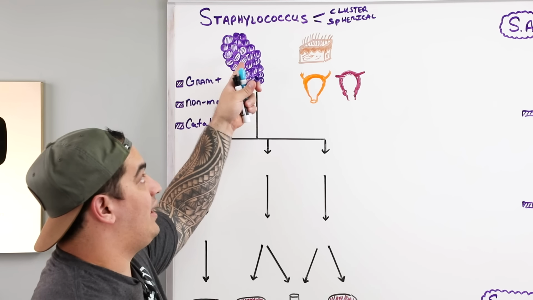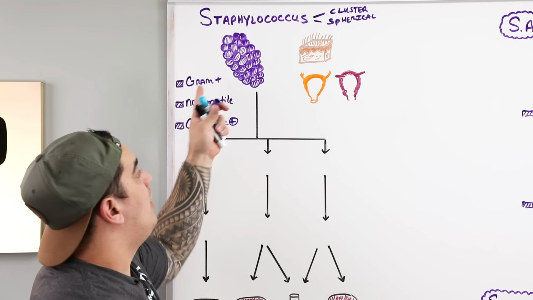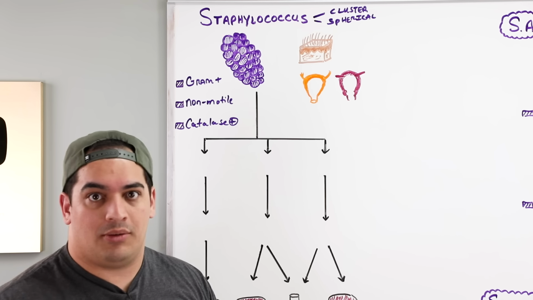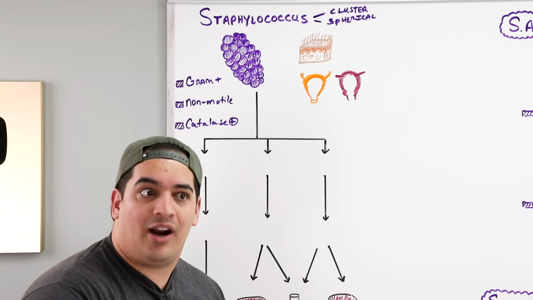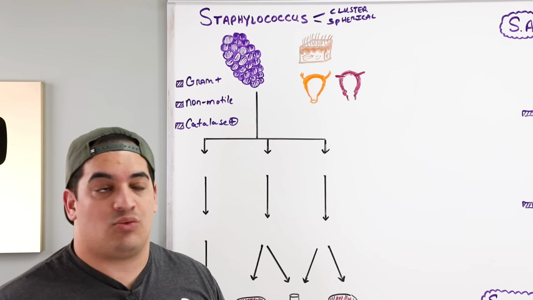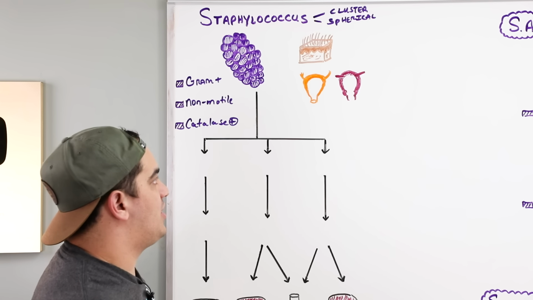They're gram-positive, meaning that they stain crystal violet or purple on gram staining, so they look like a cluster of grapes. They're non-motile. If you also want to remember another fact, they're facultative anaerobes, which means that they can survive in oxygen environments, but they can also survive in no oxygen environments as well. And they're catalase positive, all three types that we'll discuss.